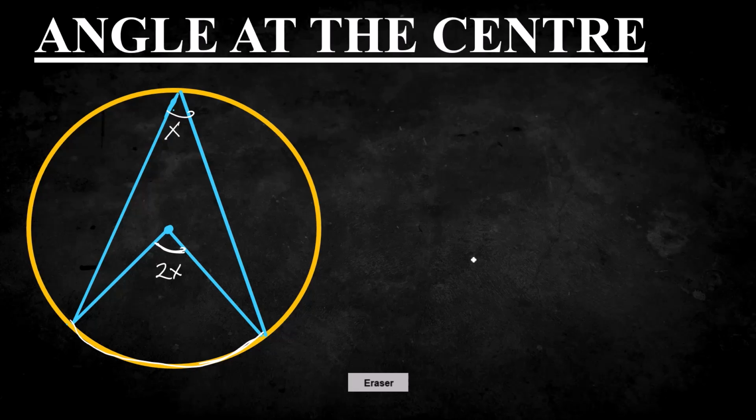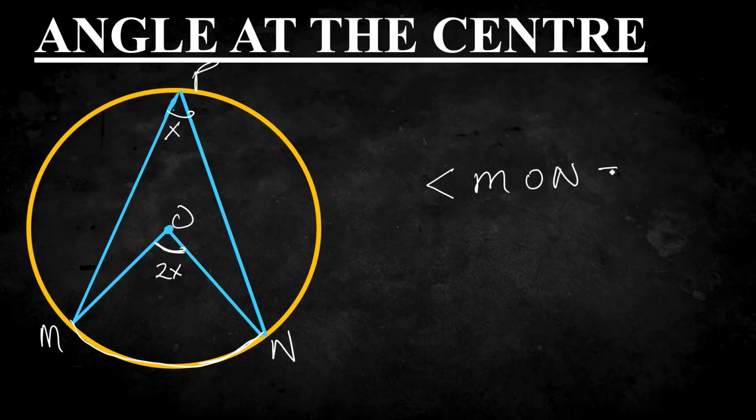That's the first property. Let's call these points M, N, O, P. It means angle MON is twice angle MPN.